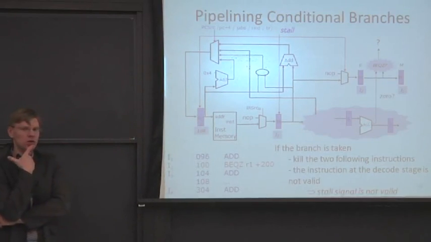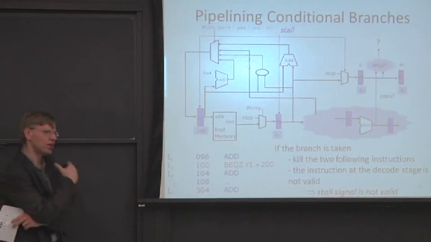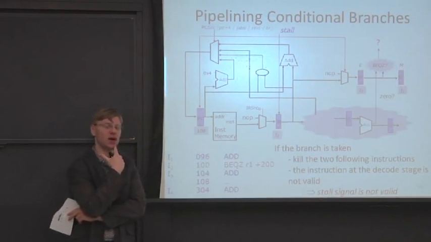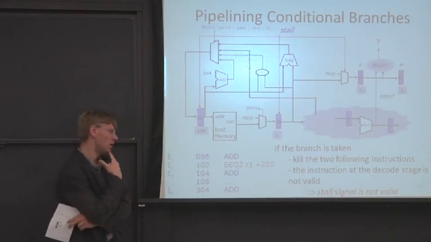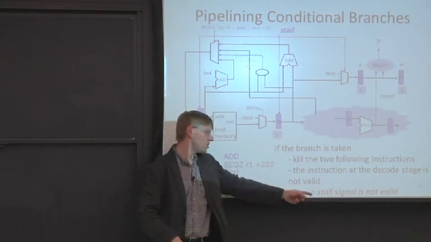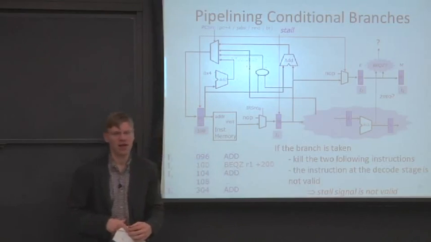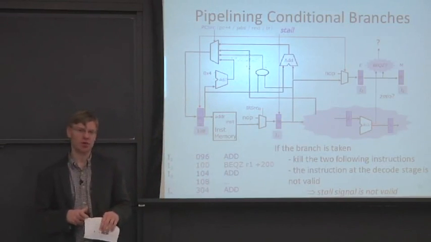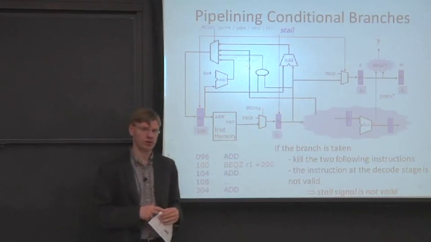And now, stalling and killing makes a lot more difference. So the stall signal has to effectively be killed or nullified at this point. And why is this important?